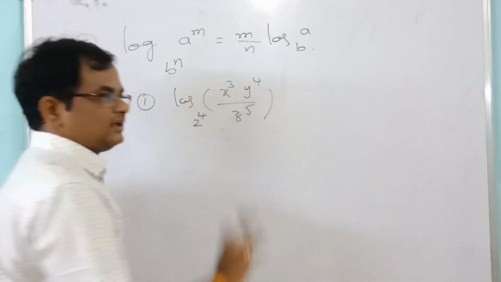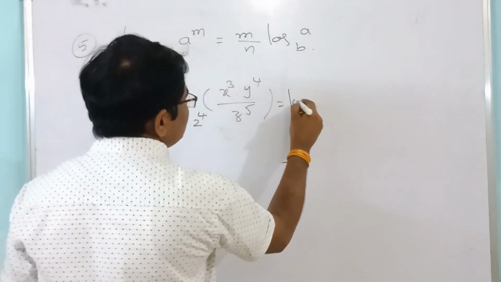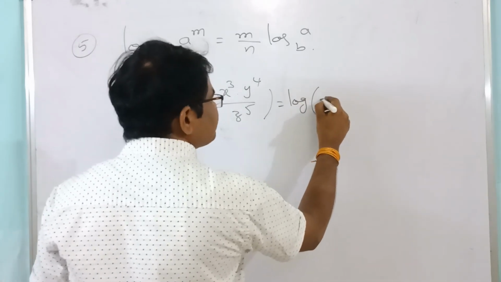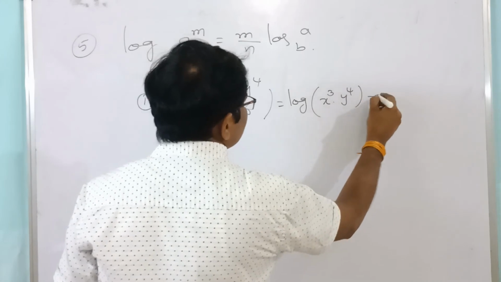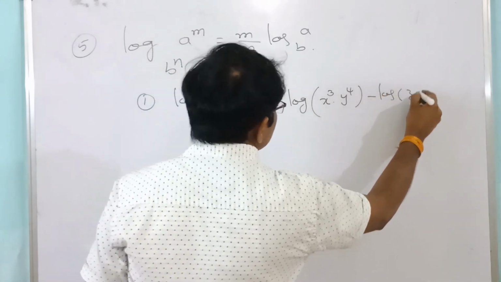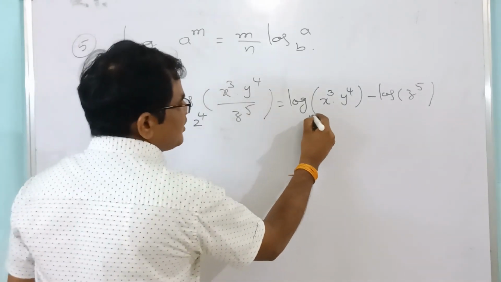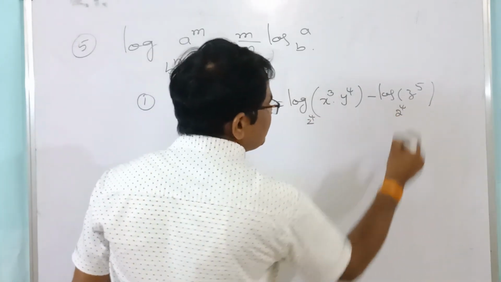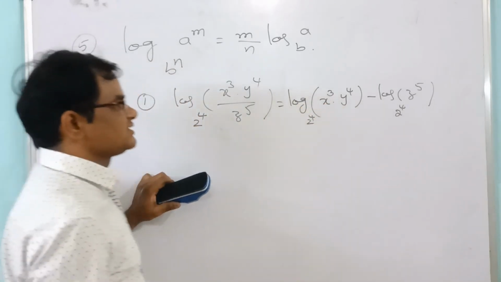Log of m divided by n is equal to log of x to the power of 3, y to the power of 4 minus log of z to the power of 5, base 2 to the power of 4. Here also base 2 to the power of 4. So between these two, we have to write it as a suffix.